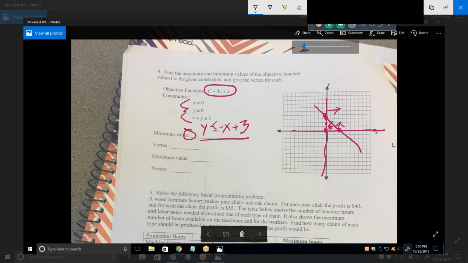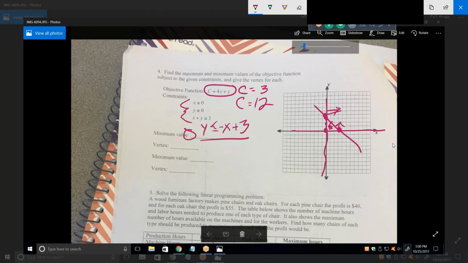This vertex is x 0, y 3. When I plug that into the objective function, I get c equals 3. Well, that's better than 0, right? And when I look at this vertex and plug it in, x equals 3 and y equals 0, c is equal to 12.